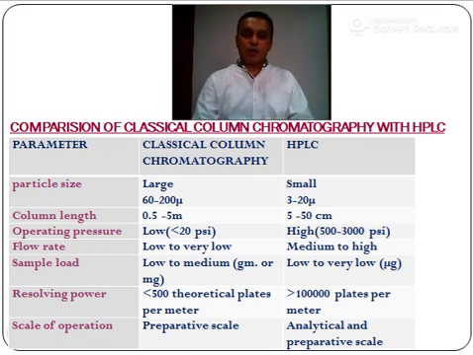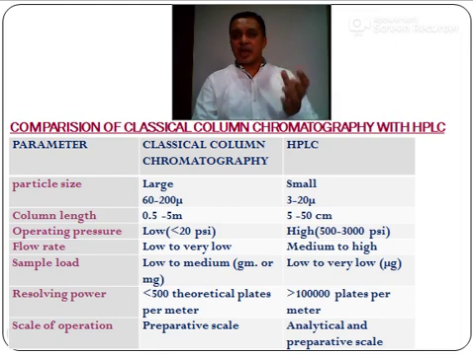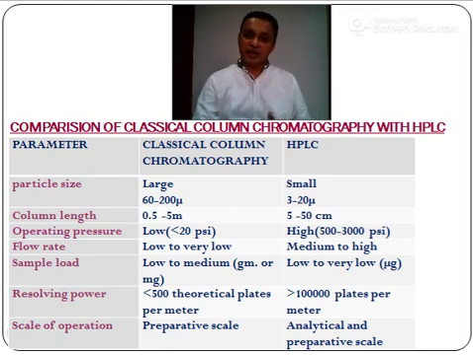On the scale of operation, the preparative scale can be used in classical column chromatography. Preparative scale means a large amount of sample can be applied and after separation it can be used for further analysis.